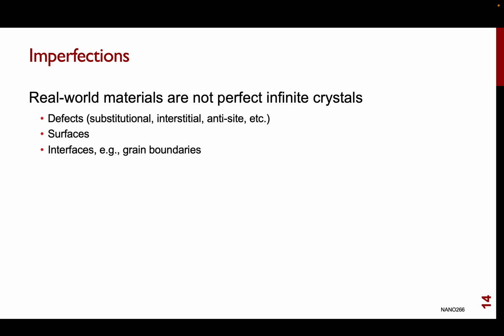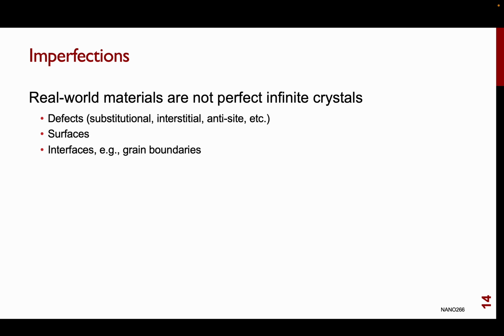Okay. And obviously, we don't have infinite solids. At some point we are going to have a surface somewhere. Okay. And more importantly, you also have interfaces, right? What this means is that there are only very few applications where people bother to make a nice, perfect single crystal for the material.